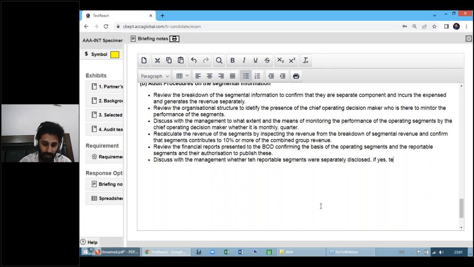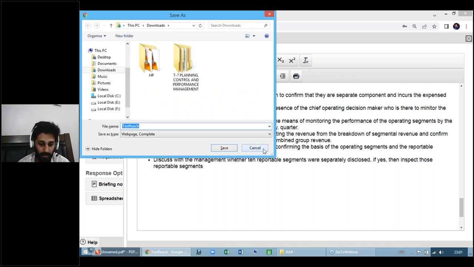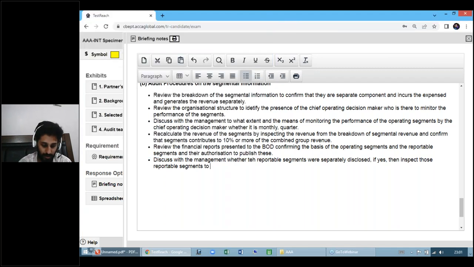If yes, then inspect those reportable segments to confirm compliance with IFRS 8.